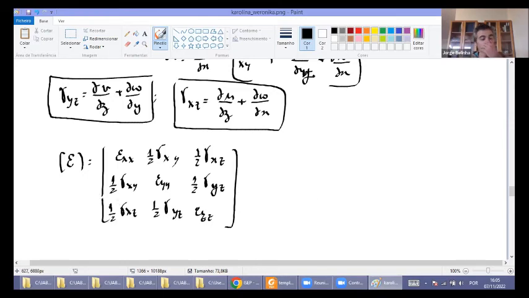And most important is this one. I know now that this is equal to this, and I can correlate now the displacement field with the strain field. That is the most important part.